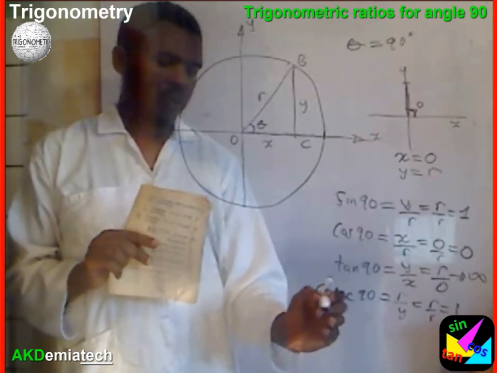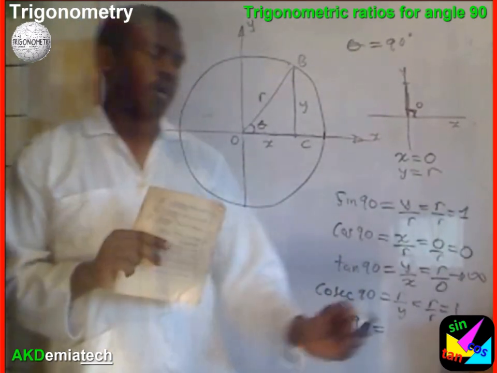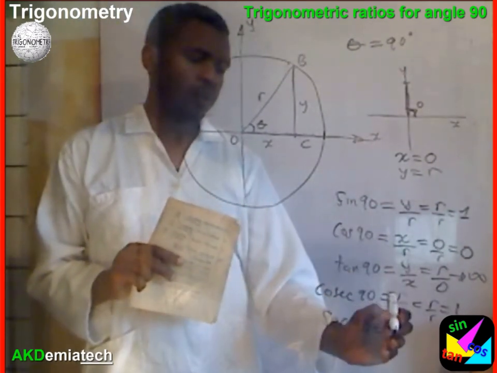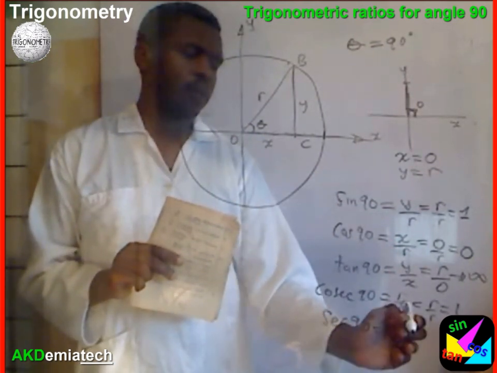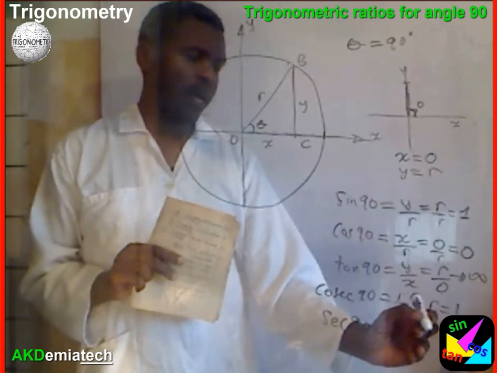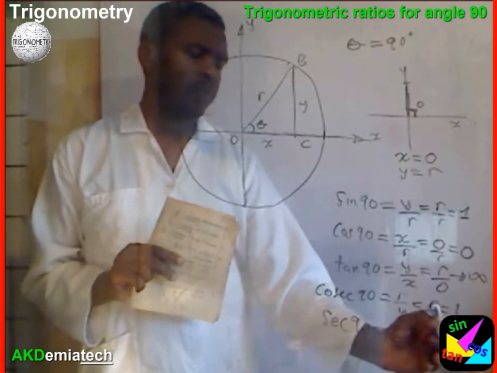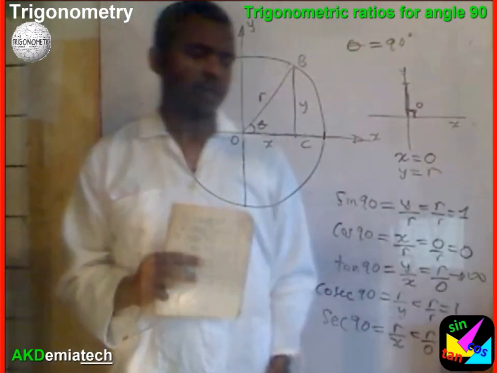Now, sec 90 is equal to hypotenuse all over adjacent x. But x is equal to 0. So they'll have r all over 0, which gives us infinity. So sec 90 is undefined.